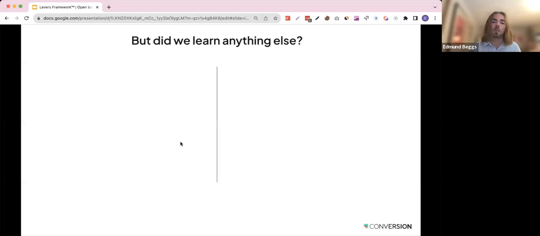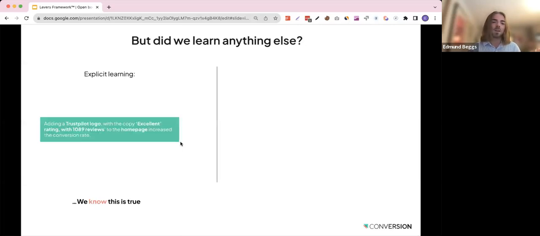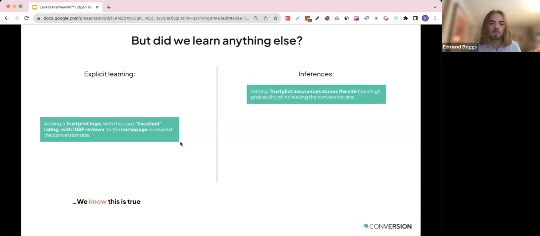So back to this question of what we might learn from an experiment, and specifically the question of what we learn over and above the default hypothesis of really describing the implementation and the fact that it was a successful experiment. Well, one kind of practical thing we might take away from this, which sits just below the lever level, a little more specific, would be that adding Trustpilot assurances across the site has a high probability of increasing the conversion rate.